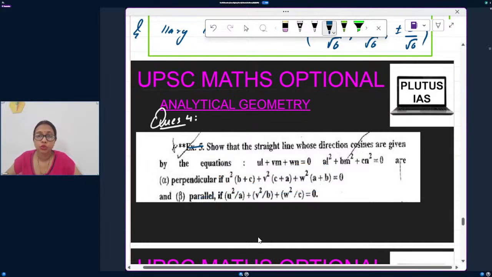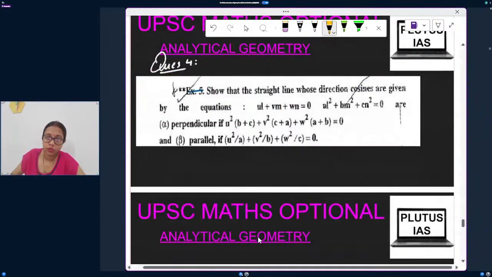So direction cosines are l, m, n. They satisfy these two relations. I can find l, m, n. We just have done it. So let's find out. Start doing the calculation. First of all, I'll calculate l from here and I'll substitute there. Start. Give me a minute, please.